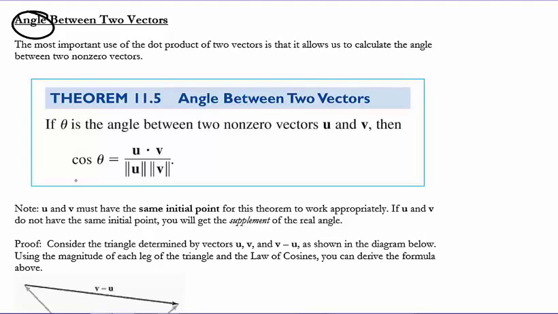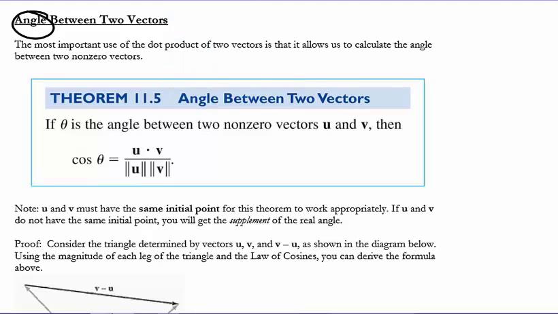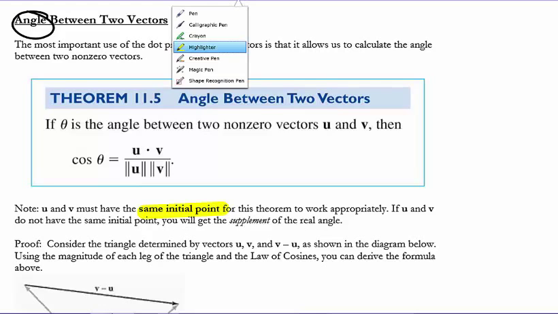Now, one thing that's important here is in order for this to work, your vectors have to have the same initial point. If they don't have the same initial point, you will get the supplement of the real angle. So what does that mean?